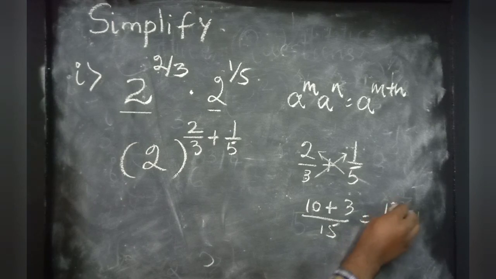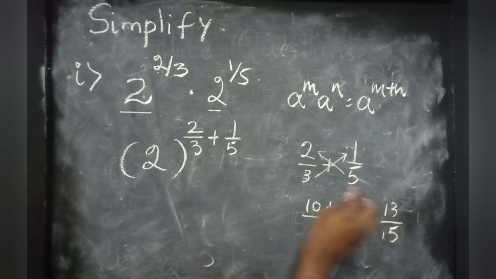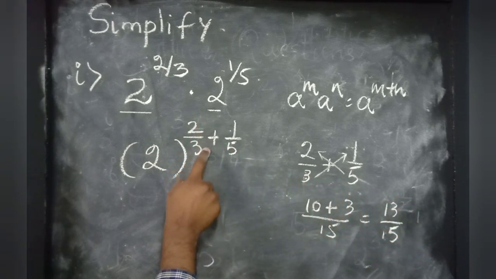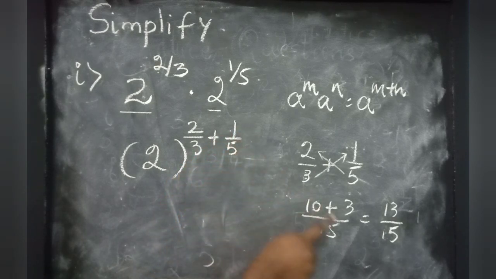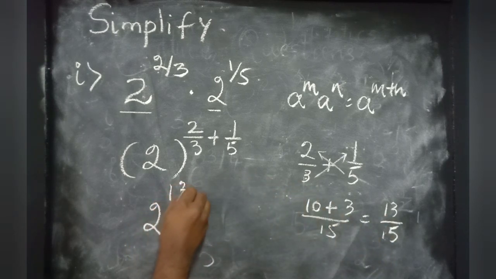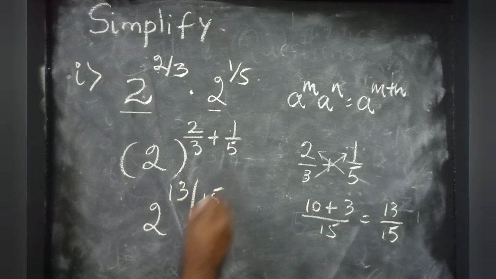That is 13 divided by 15. Therefore 2 to the power 13 divided by 15 is the solution.